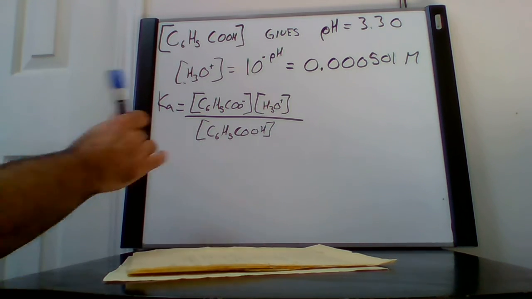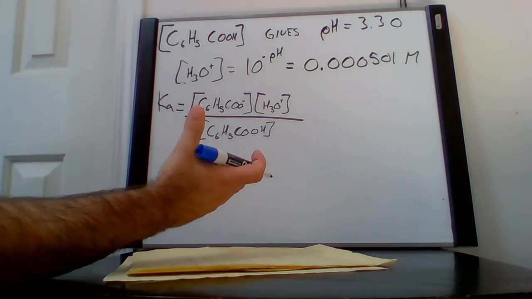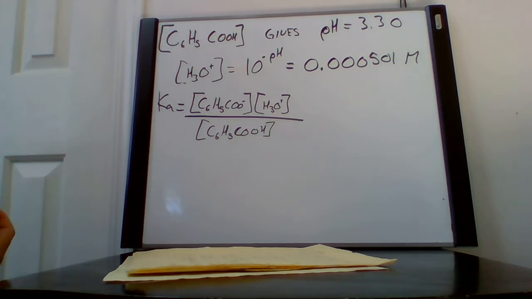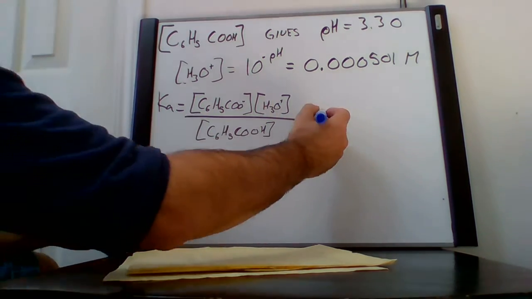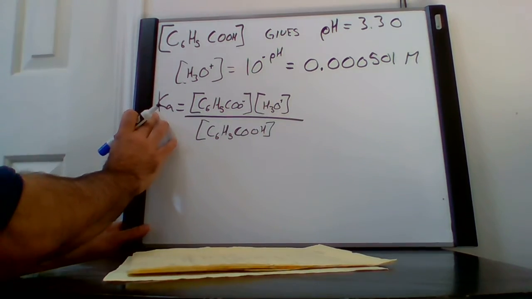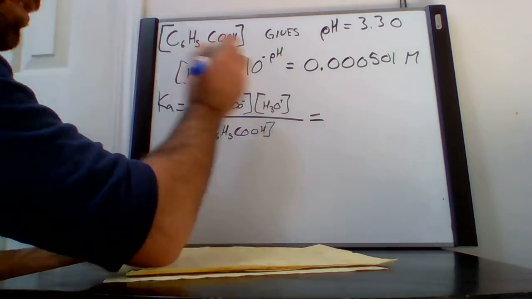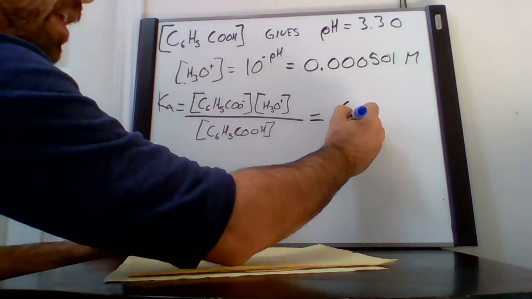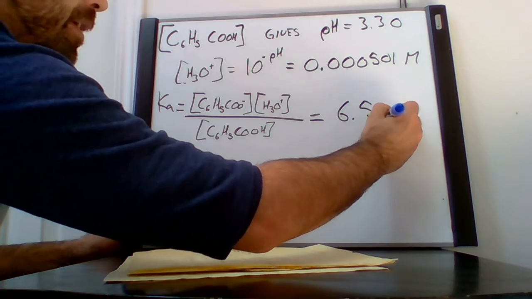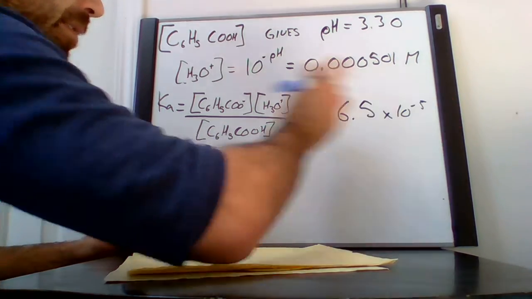We know these two values from the ICE chart, and we know this bottom value from the ICE chart. Now, because we aren't sure what this concentration is, we are not going to make an assumption. But I'll show you how that works out here in a second. Now, we need this Ka value, so we want to take a look at the back of the textbook at our data sheets, and I have a value of 6.5 times 10 to the negative 5.